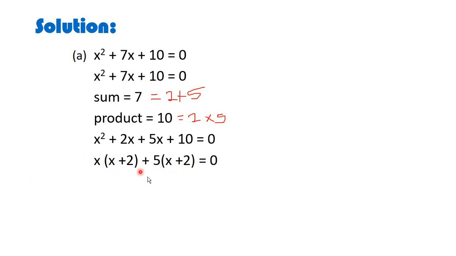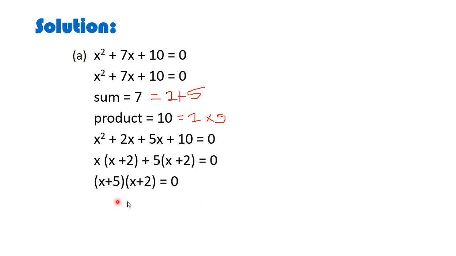So we shall have x plus 2 into brackets x plus 5, which is the factorization of this. So we have x plus 5 into brackets x plus 2 is equal to 0. When you expand this, you'll come back to the original equation.